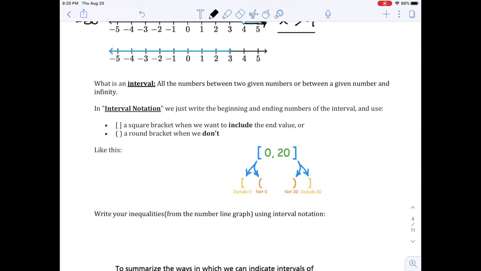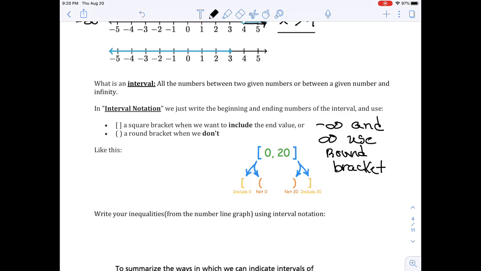A parenthesis indicates that you don't include a value in the interval. -infinity and +infinity use parentheses, or round brackets, because as it states here, when we don't include the end value, we use the round bracket.